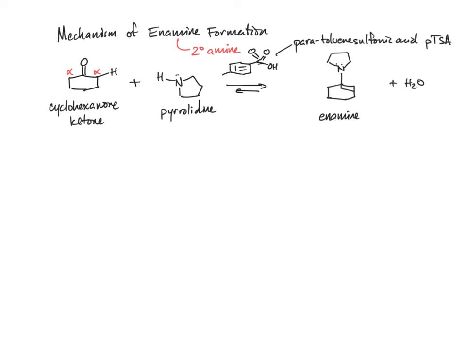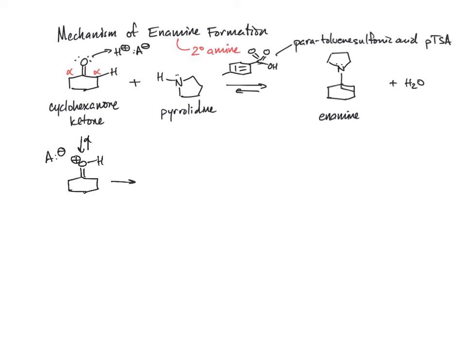So again, the first thing we're going to do, and again, I'm just going to abbreviate the rest of this part of the molecule, the conjugate base of that is A minus. We're going to protonate the carbonyl. So we've activated the carbonyl.